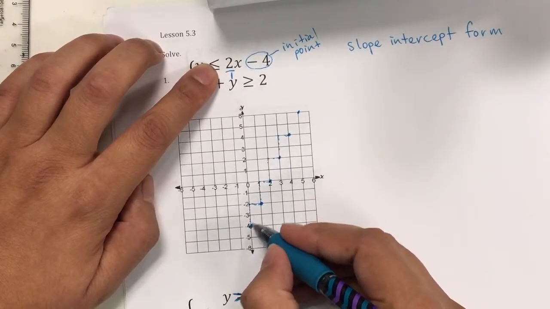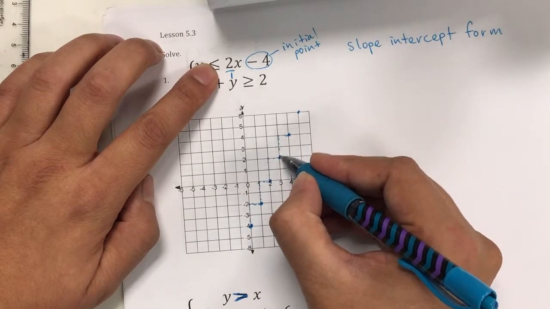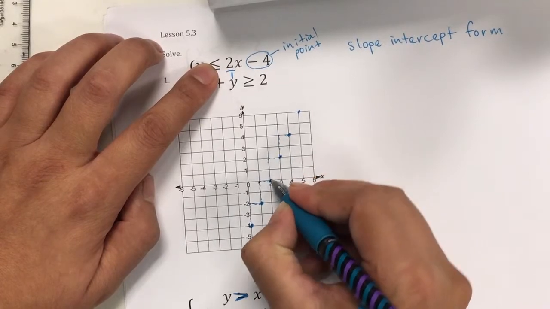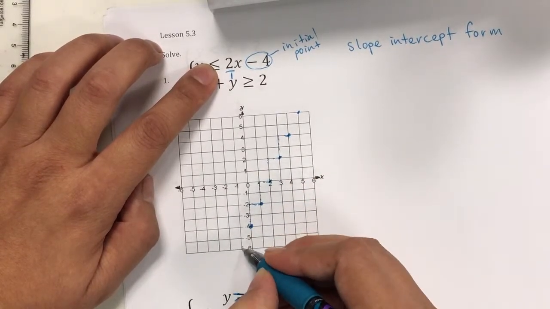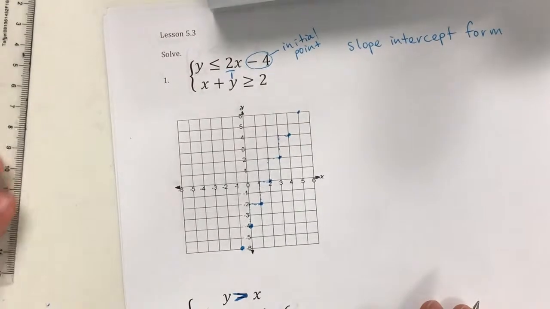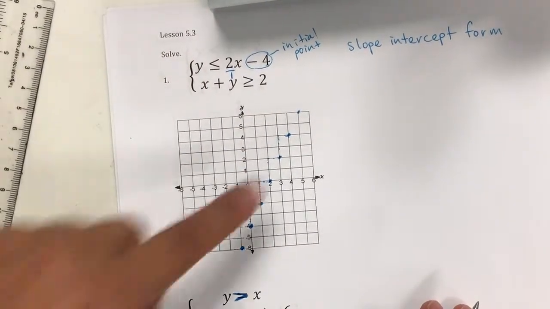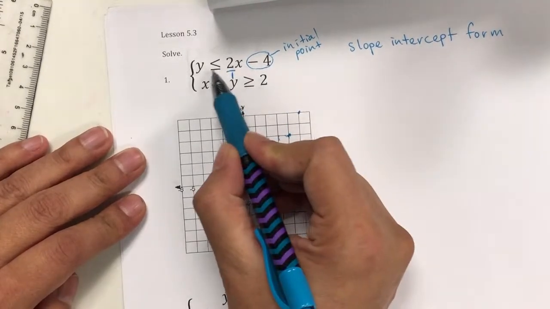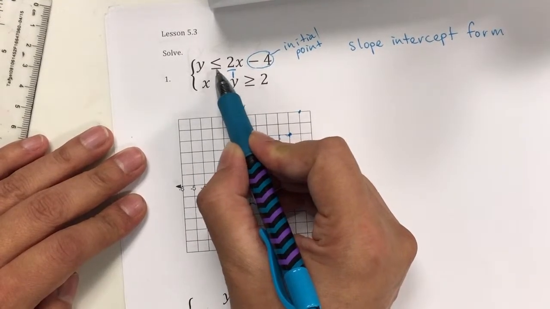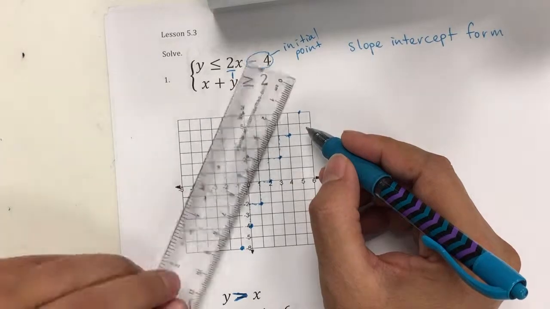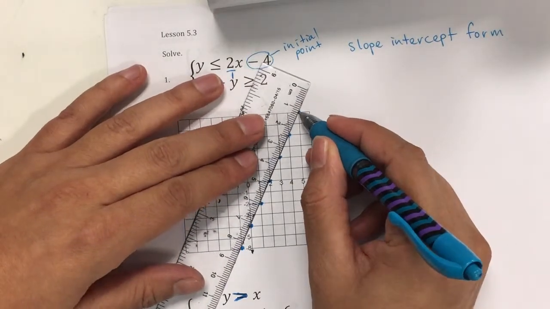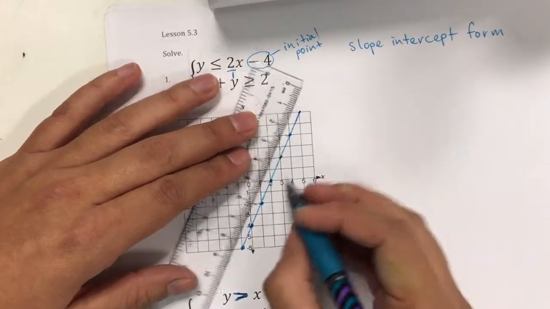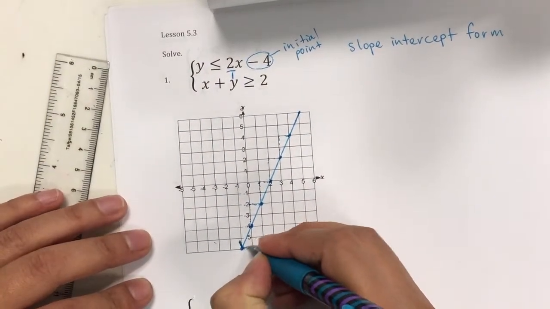Okay, if you see the pattern, it goes from corner to corner using 2 squares, 2 squares, 2 squares. So it would be right here, if we wanted all the way to the other side. We already learned that if it has an equal sign, my line will be solid. So I'm going to draw a solid line in here.